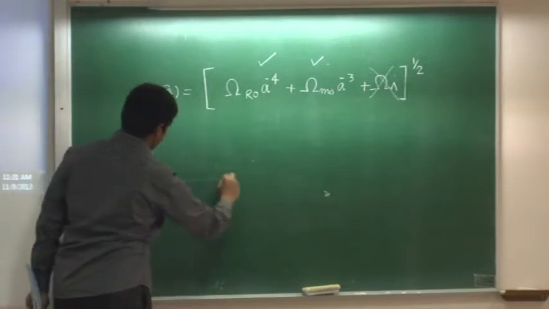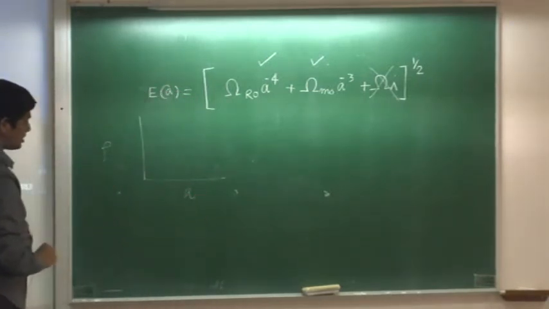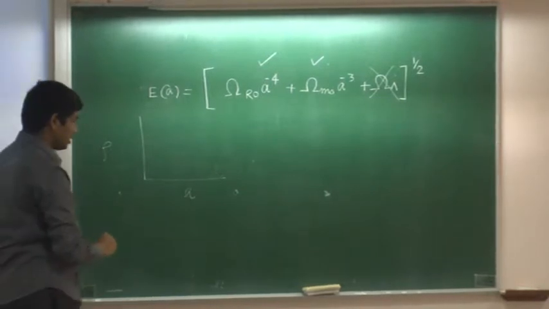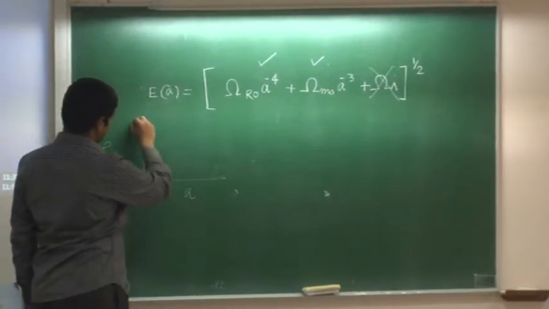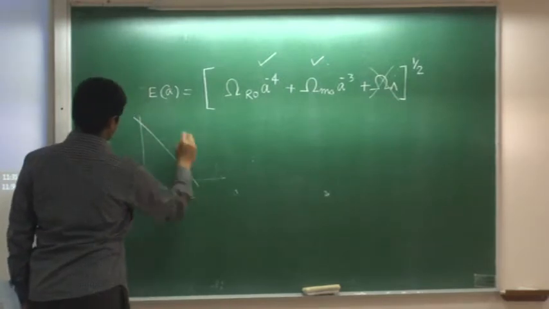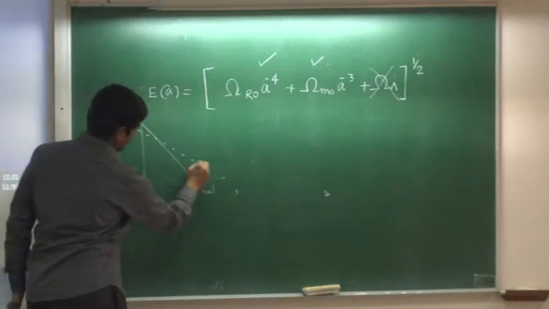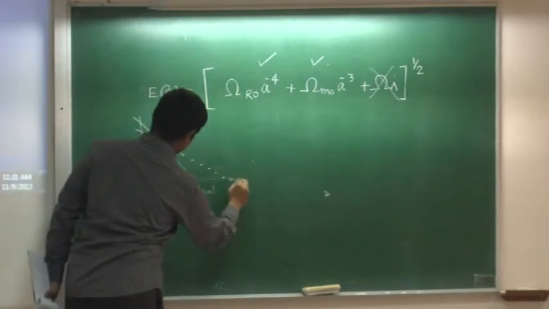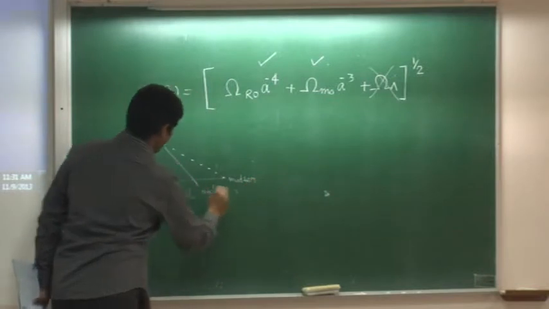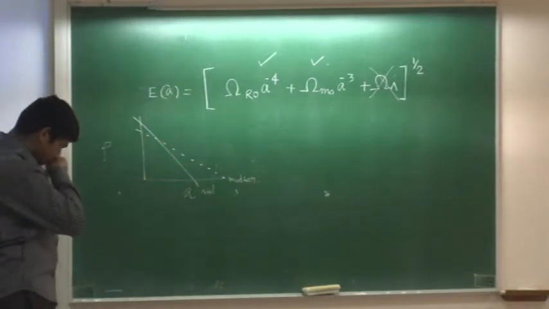What I am doing is, if you remember, I plotted different rho as a function of a, and so this was radiation. So this was matter. So this is a to the -4, this is a to the -3, and we are plotting in log scale.